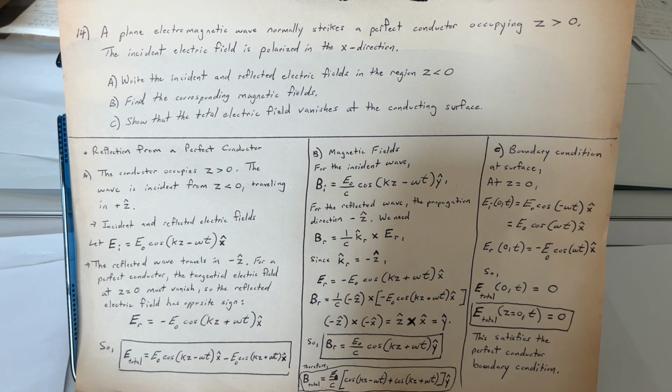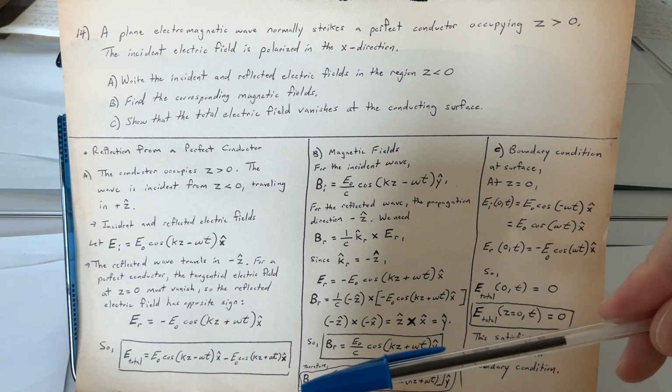crossed with negative E naught cosine of (kz plus omega t) x hat, all in brackets. And we get negative z-hat crossed with negative x-hat, which equals positive z-hat crossed with x-hat, and that comes out to y hat. So B sub r equals E naught over c cosine of (kz plus omega t) times y hat.